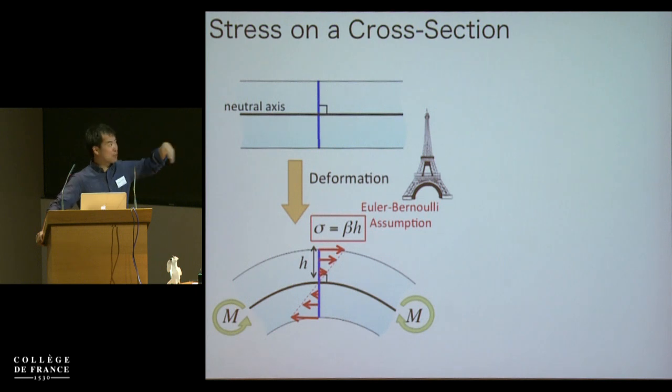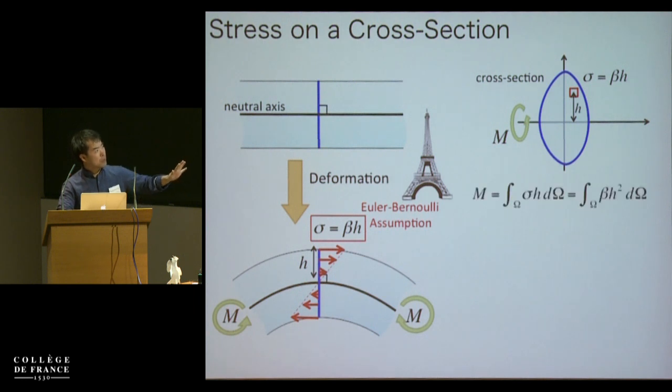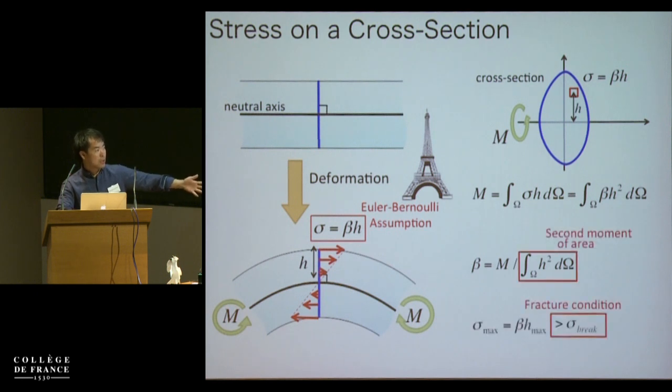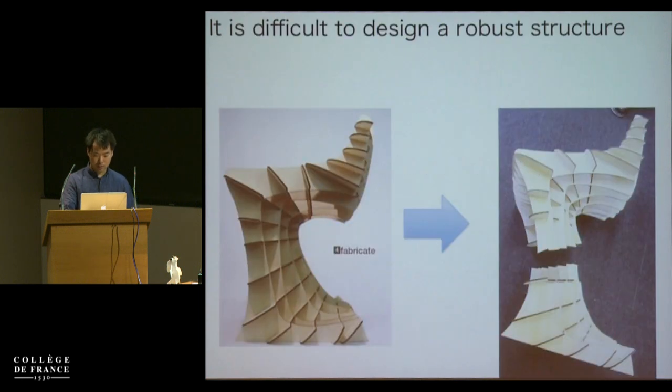Euler, the genius mathematician, created this theory, and then it suddenly became possible to create such a gigantic object. By the way, if a bending moment is applied, we can get the stress by integration, and we can analyze how fracture happens here. And it can also be put into an interactive design system.